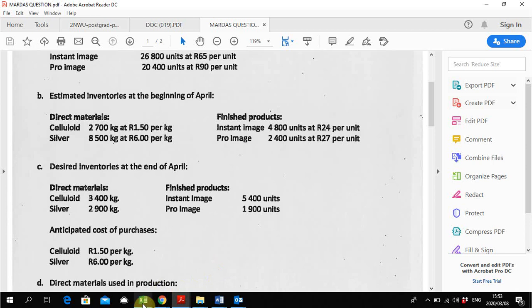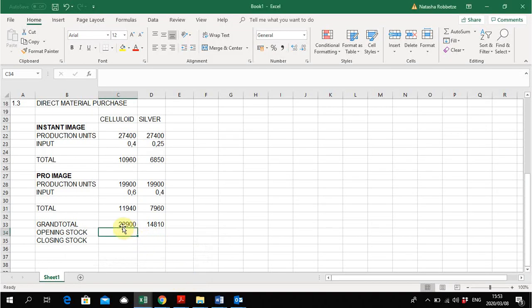I'm going back to fill that into the memo. So for opening stock, it's going to be a negative, and in the opening stock, 2,700 of celluloid, silver 8,500. In the closing stock, I'm going to add back the 3,400 kilograms as well as the 2,900.